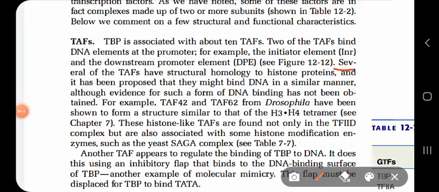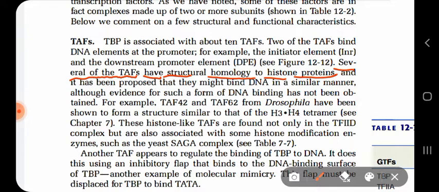Several of these TATA box binding protein associated factors have a structural similarity with the histone proteins. Well, histone proteins help in packaging of the DNA to form the chromatin thread-like structure.